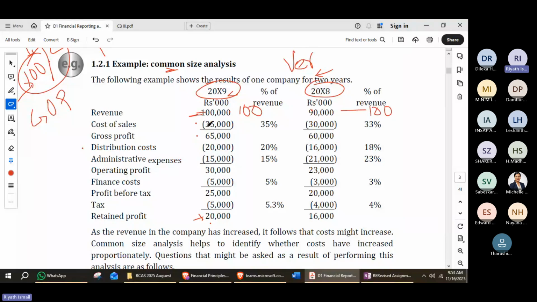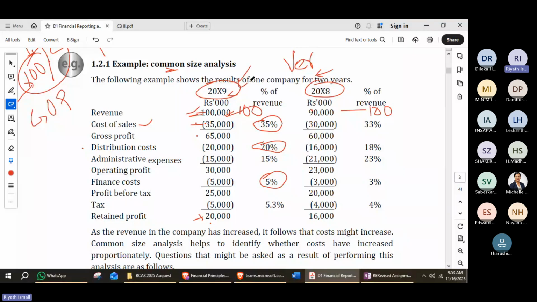Now cost of sales is 35,000, which is 35% of revenue. Distribution cost is 20% of revenue, and finance cost 5% of revenue.